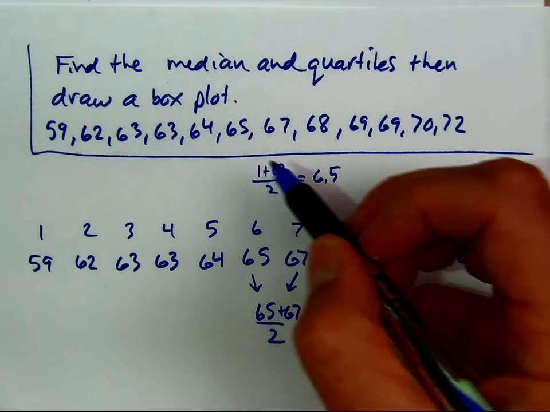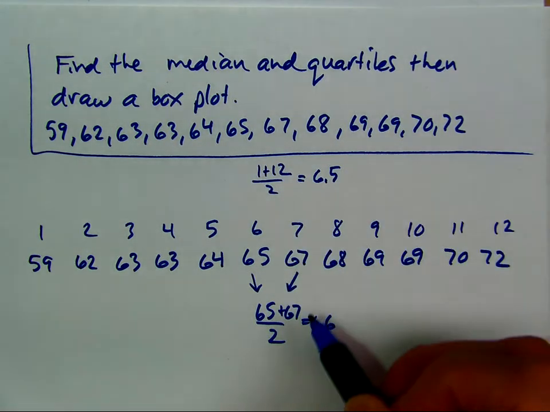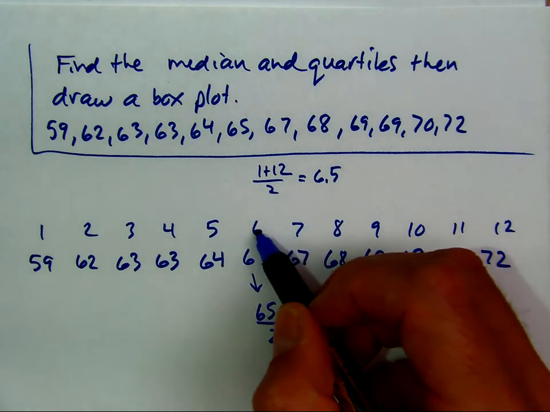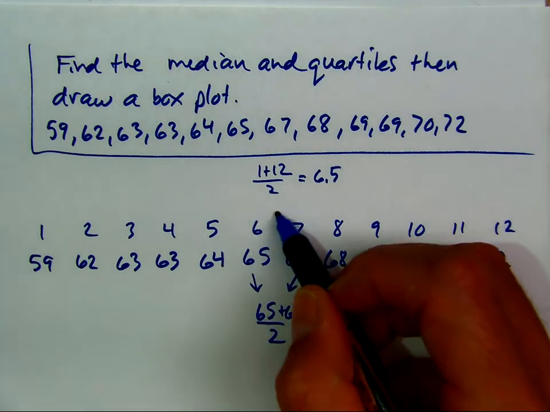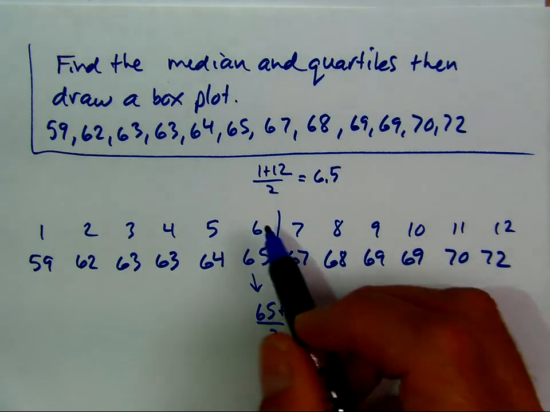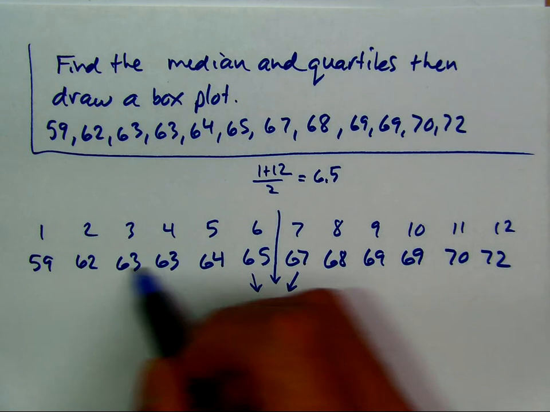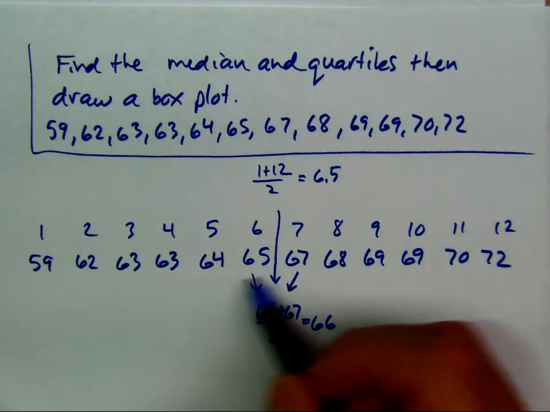That's the middle index. We did not use this and we did not use that. We looked right between them. Okay, if we haven't used this actual value and said this is the median, well, now we're going to use this to help us find the median of the lower half.